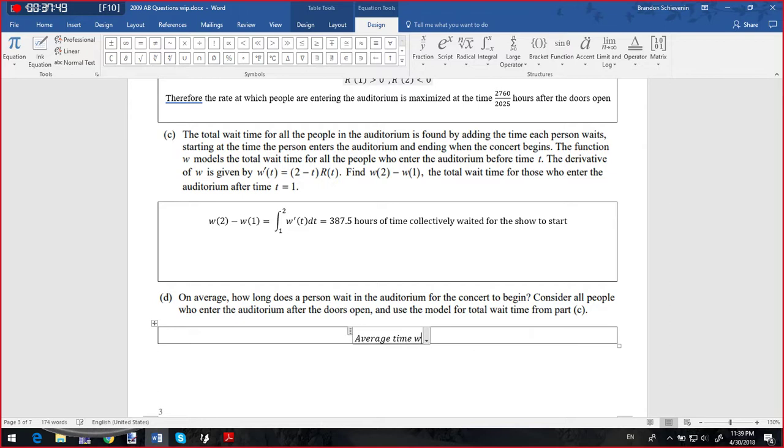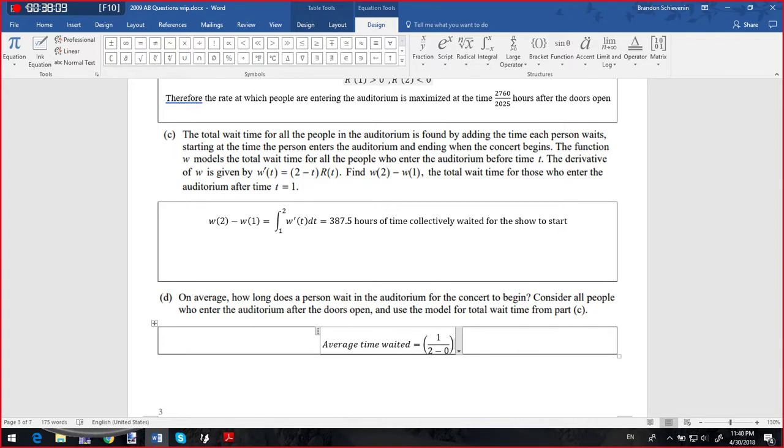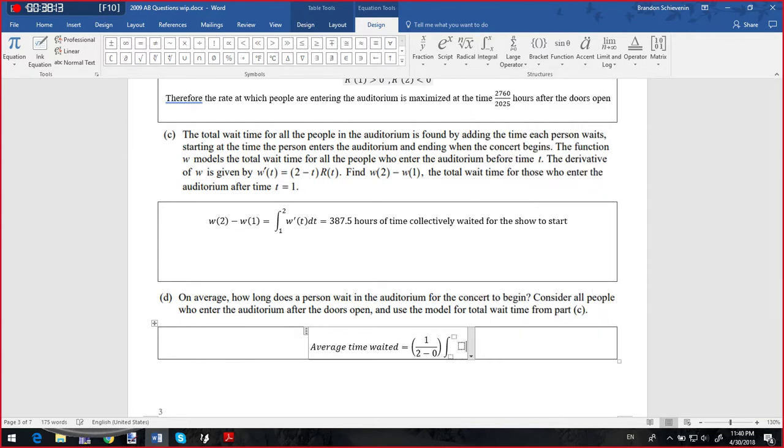Average time waited is equal to, I've got 1 over b minus a, so that's 1 over 2 minus 0, times our integral from 0 to 2 of W prime of t dt.